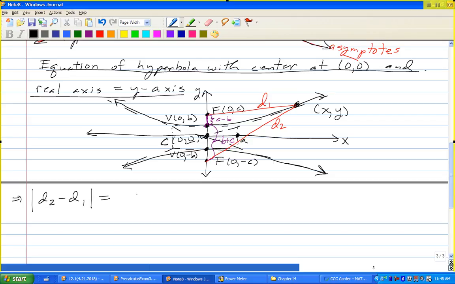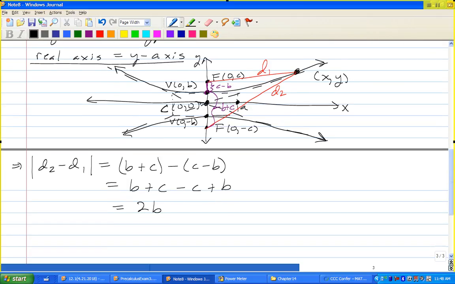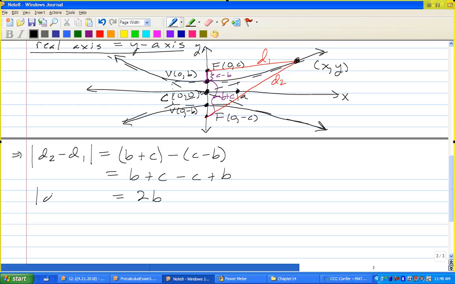So b plus c minus c plus b. That's 2b. So the difference in their distances is 2b.